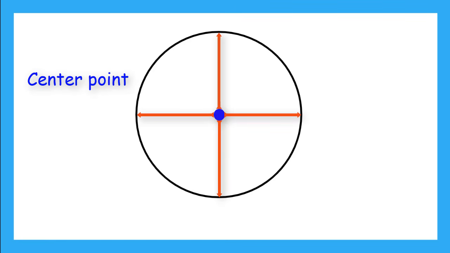Before we jump into our calculations for circles, we need to know the parts of a circle. The first one is the center point, which is equidistant from every part of the outline or the edge of the circle. There are two important measures of a circle. The first is the diameter.